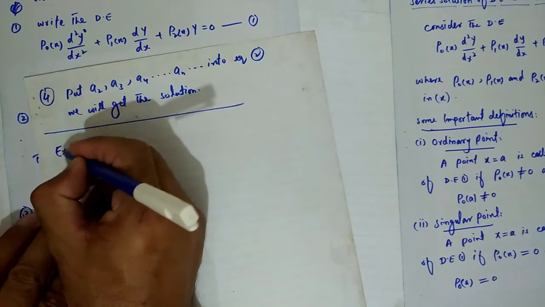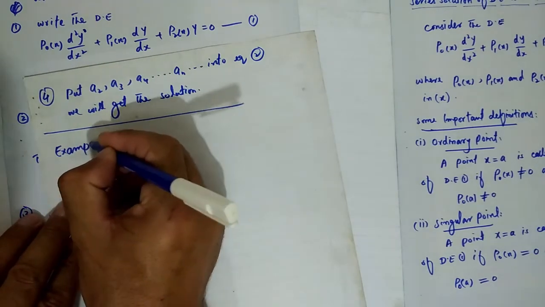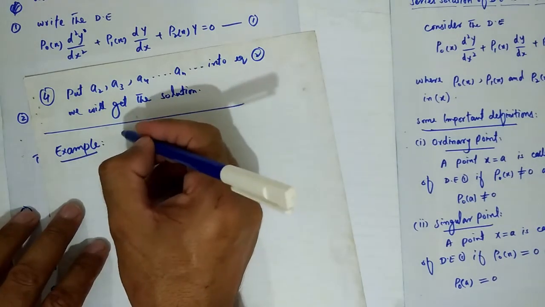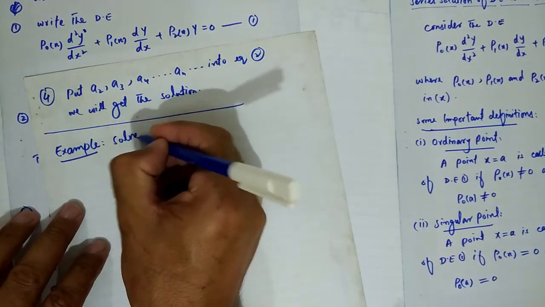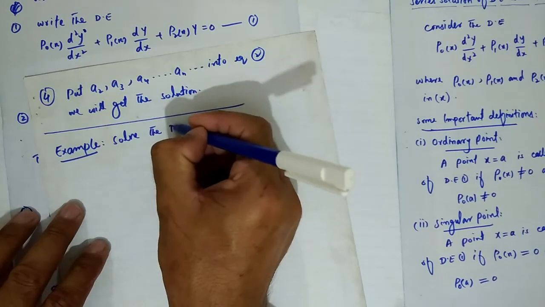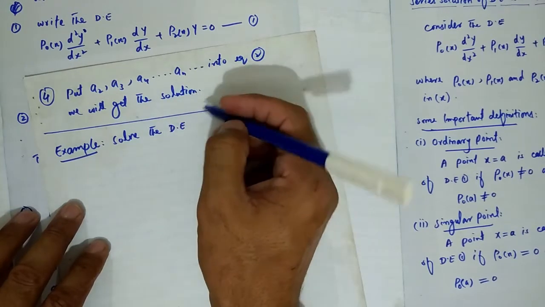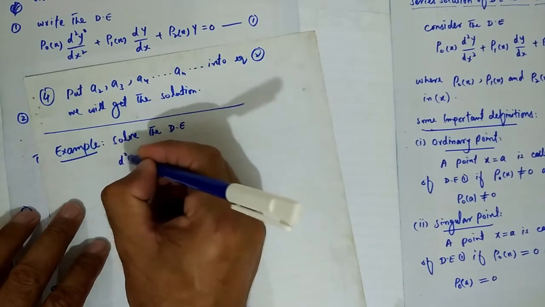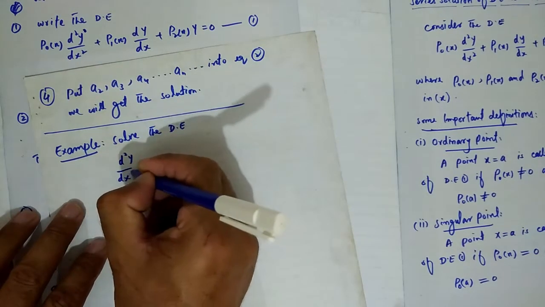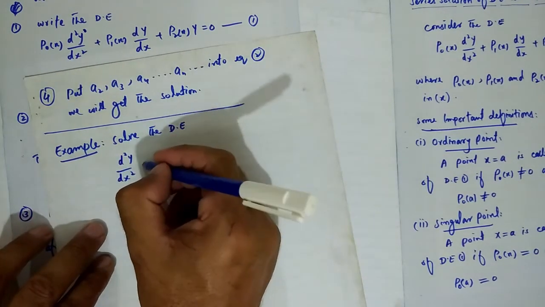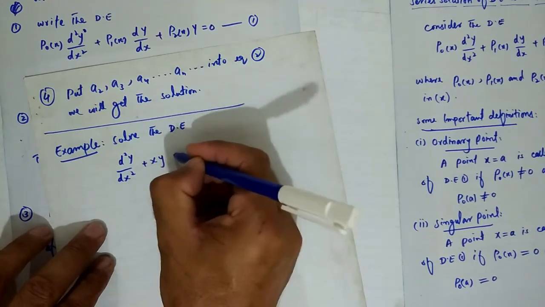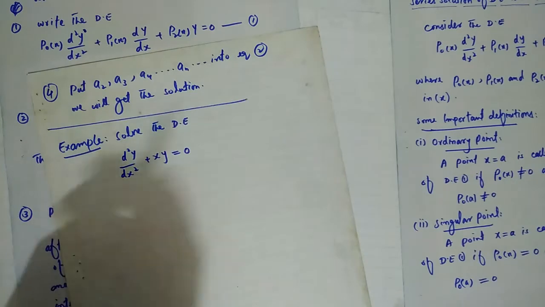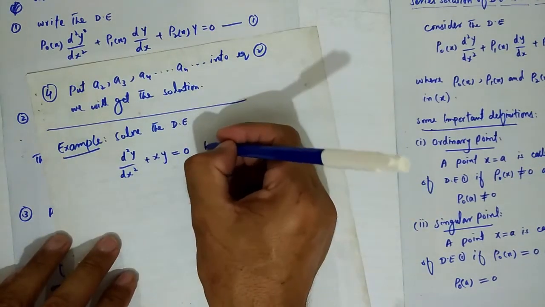So as an example, which is in the exercise: solve the differential equation d square y upon dx square plus xy equals 0 by series method.